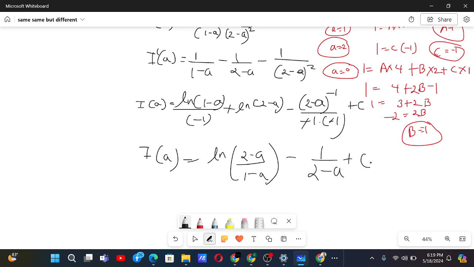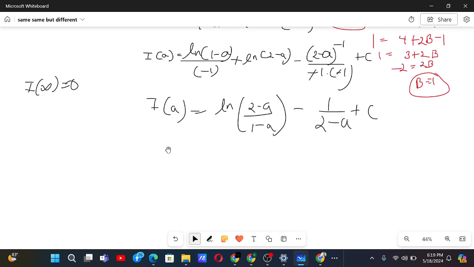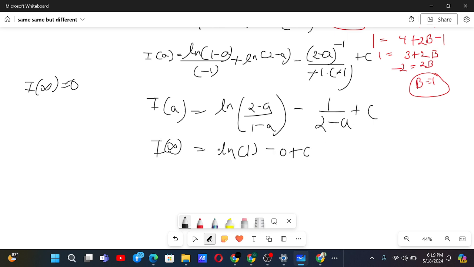For that, we know that when a goes to infinity, I of infinity is just 0. So this should be ln of infinity by infinity, which is ln of 1, which is 0, and minus 1 by infinity is also 0. So 0 equals 0 minus 0 plus c, so c equals 0 clearly.